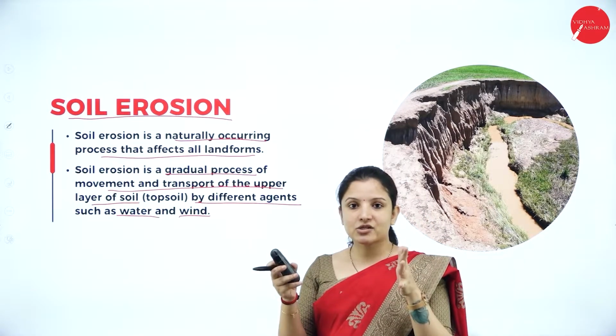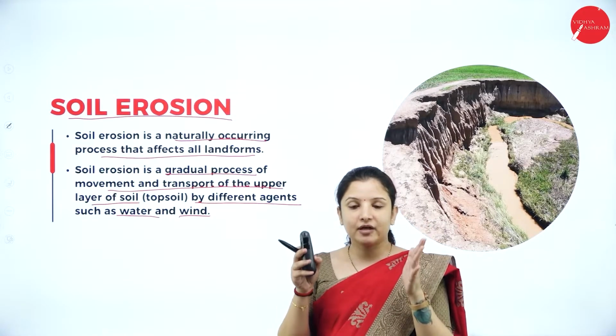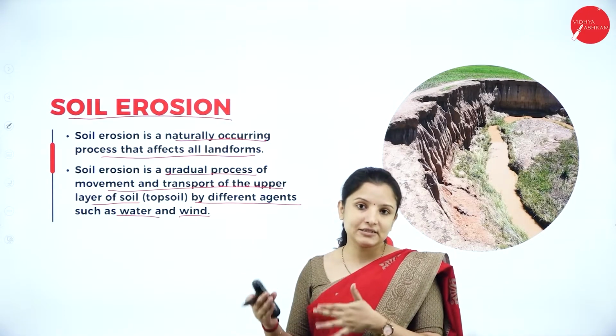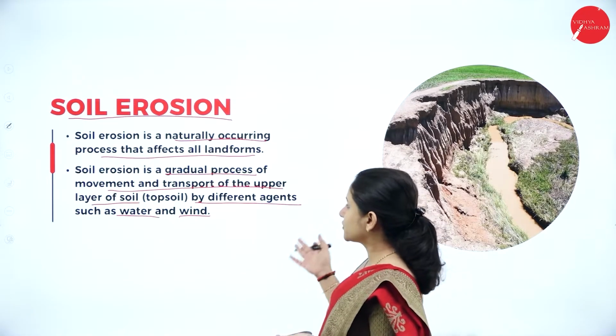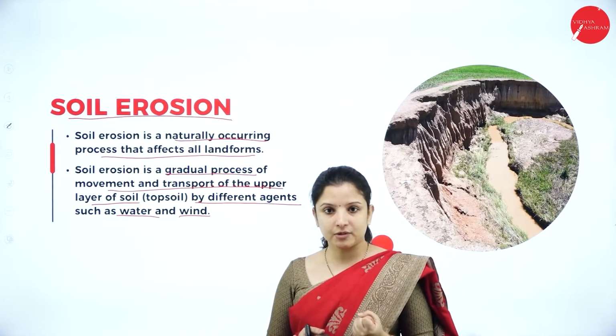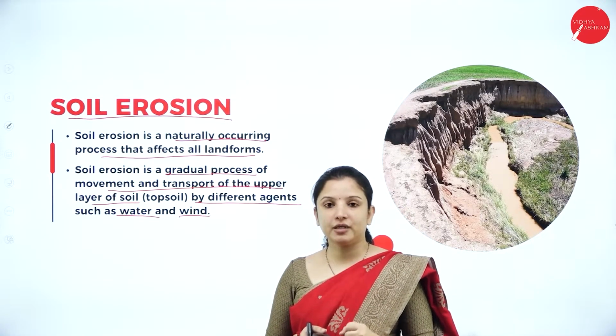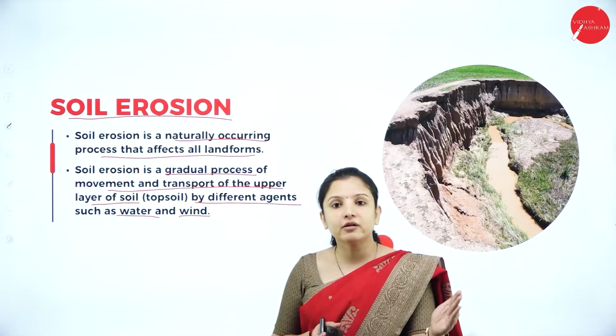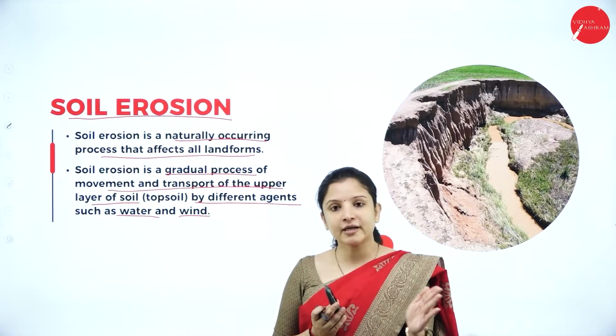The trees cut the wind, so the soil will not get washed off very easily. And not just that, the trees also hold the soil very, very firmly. So even if high amounts of water are flowing, the soil will not get washed off or eroded.